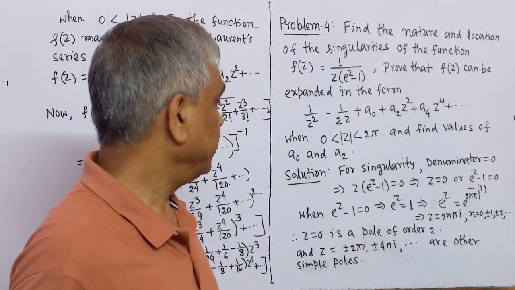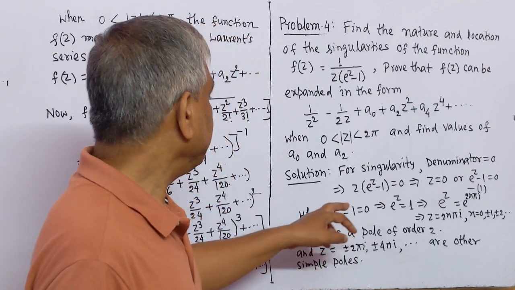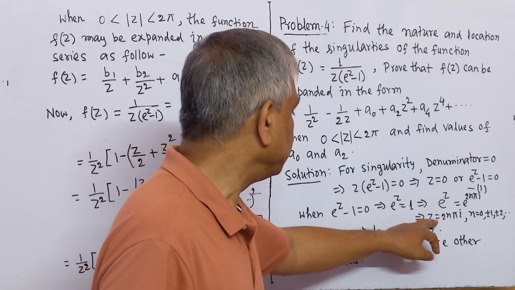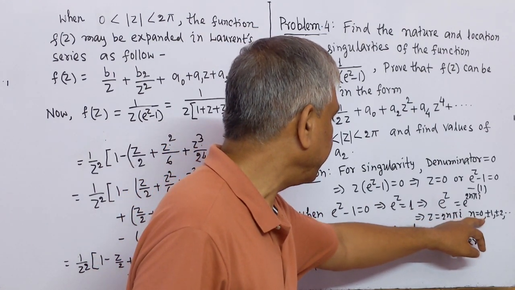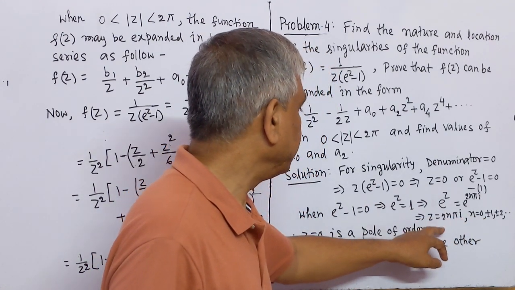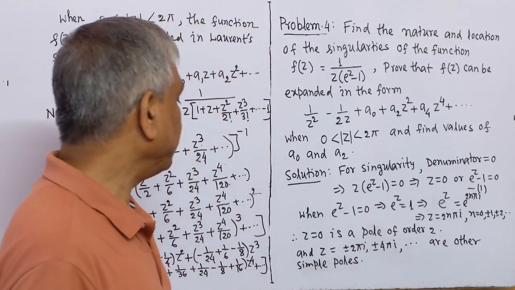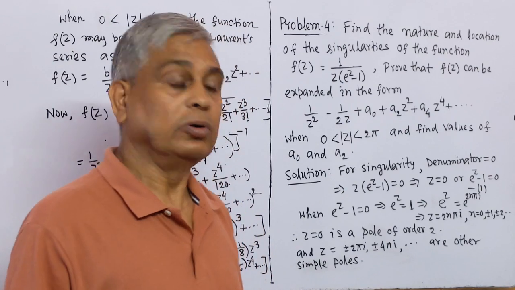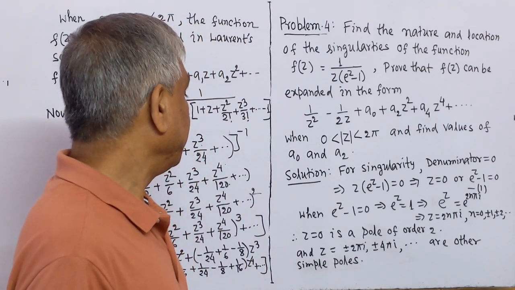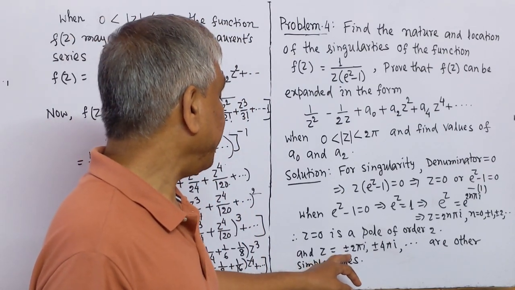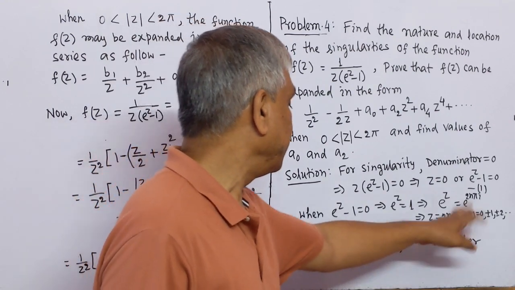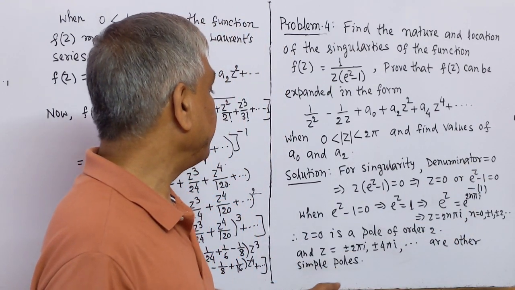Here we see that z equal to 0 is a pole. Here also z equal to 0 when n equal to 0 is also a pole. Therefore z equal to 0 is a pole of order 2, and z equal to plus minus 2 pi i, plus minus 4 pi i are other poles.